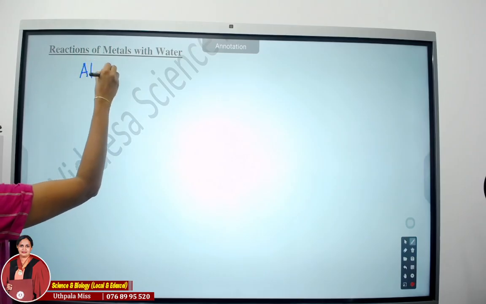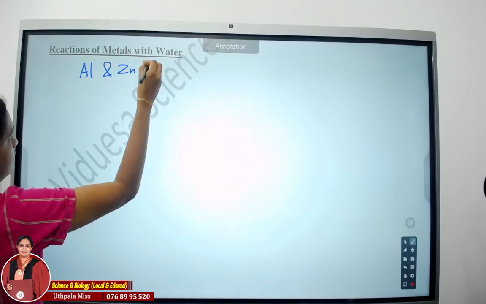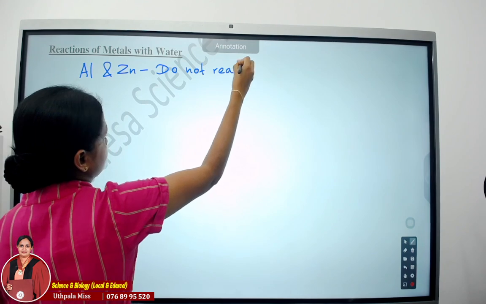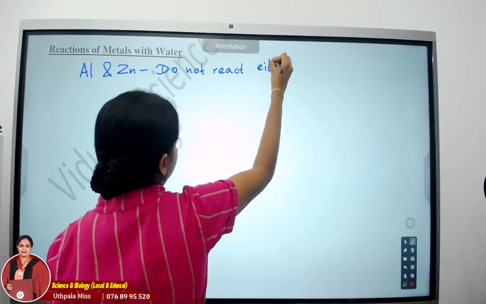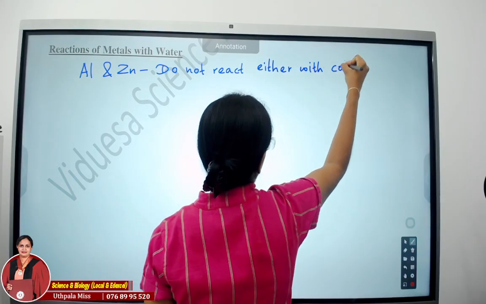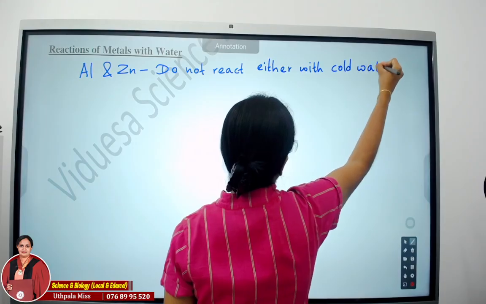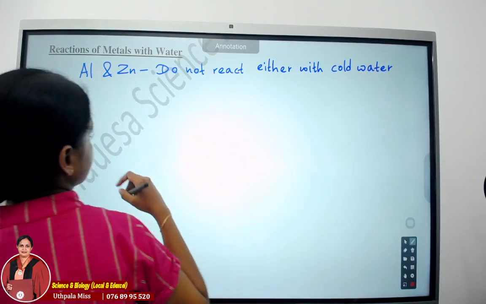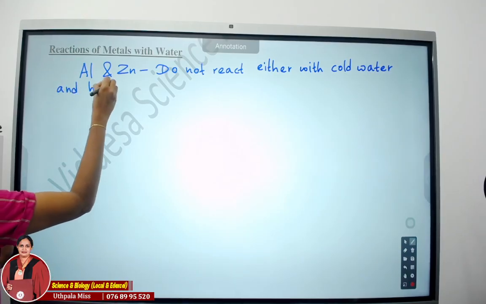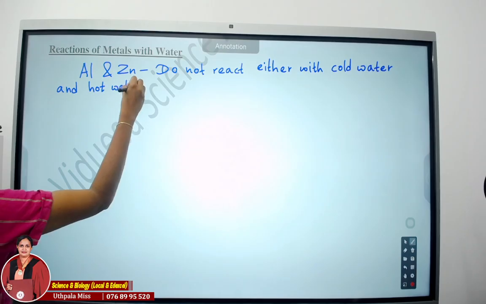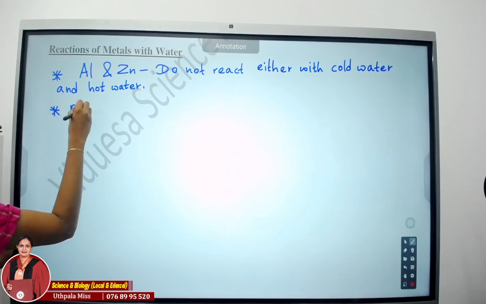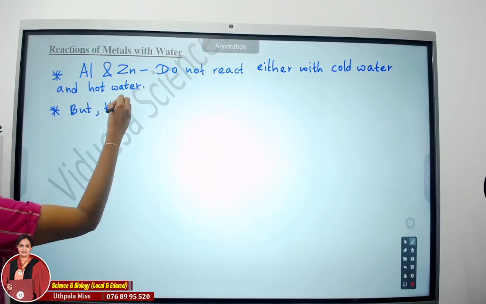Aluminium and zinc do not react with either cold water or hot water, but they react with steam.